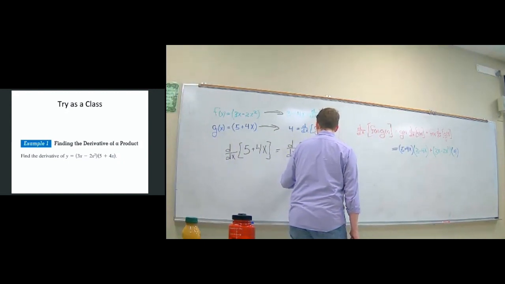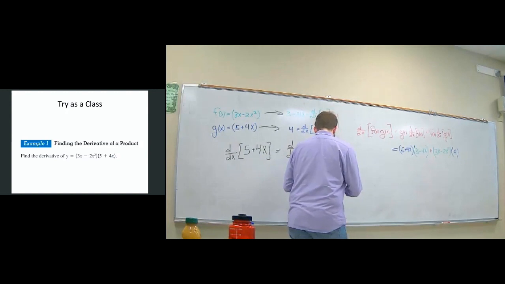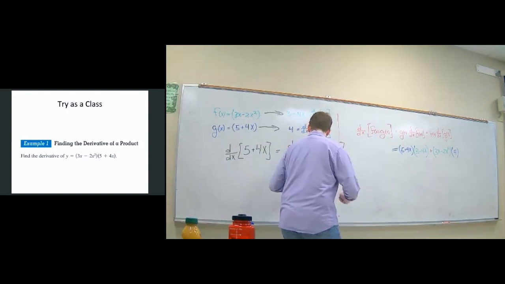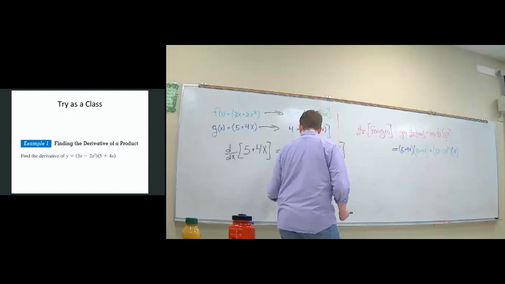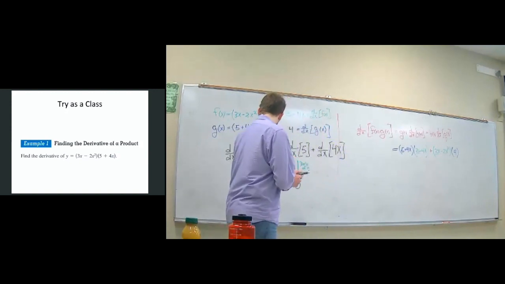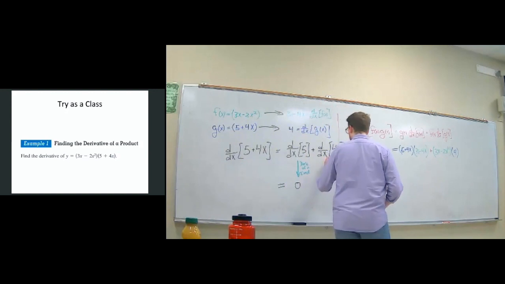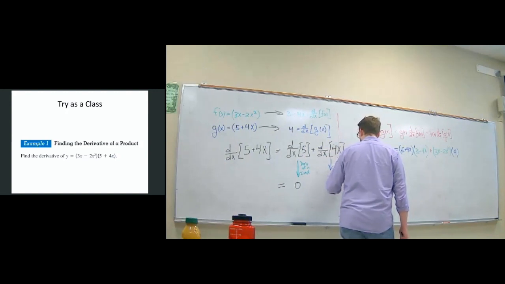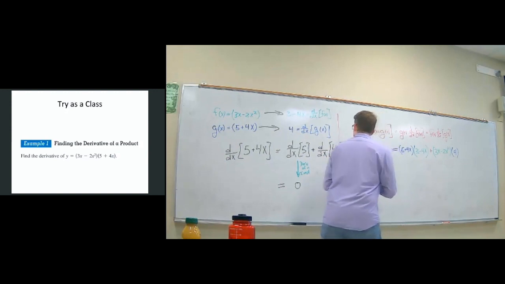The derivative of a constant is equal to 0. The constant multiple rule says we can pull out that 4.